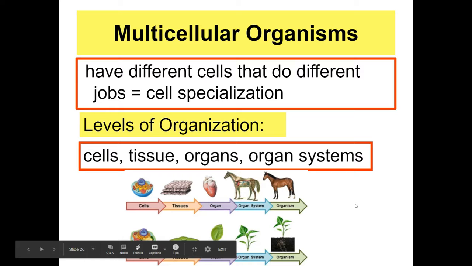Well, that might not necessarily be the case with a plant. If a plant lost a leaf, it wouldn't necessarily impact or harm the entire tree. But if the entire leaf system was getting too much water, it could impact the entire organism. Okay, so multicellular organisms have different cells that do different jobs, but they each are important for the functioning of the organism.